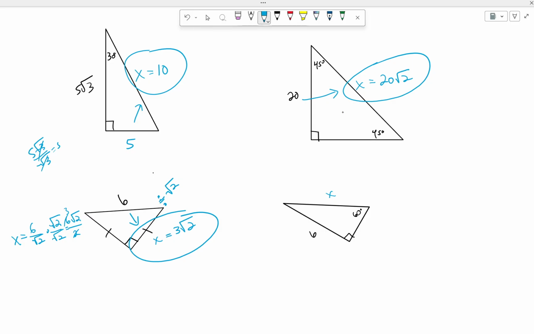And last but not least, this is the toughest one because I got to get to the short leg first. I always have to go through the short leg. To go from long leg or hypotenuse, either way you go, okay?